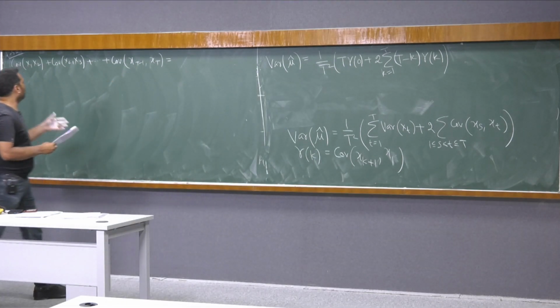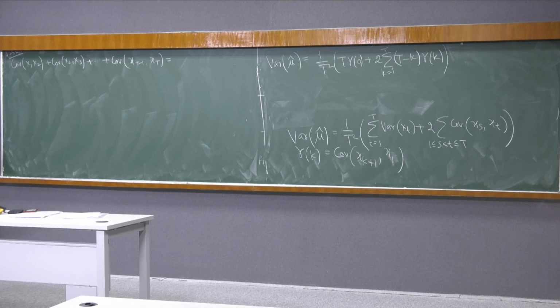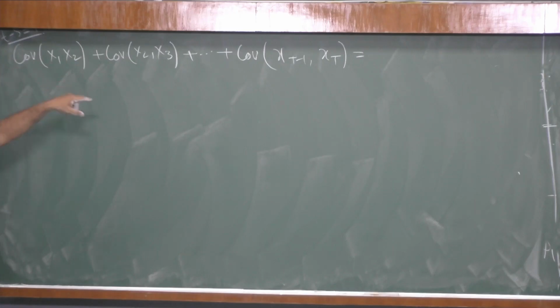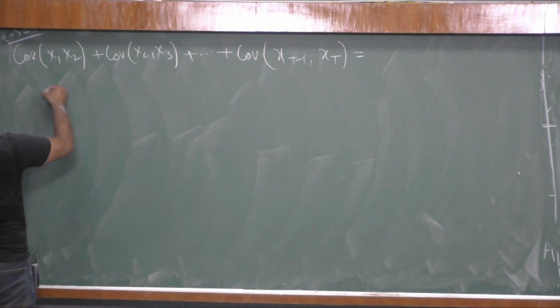So we want to see how this could be written. This covariance, I can also write as x2 x1. Okay, so it's the same thing, right? So this is gamma 1.